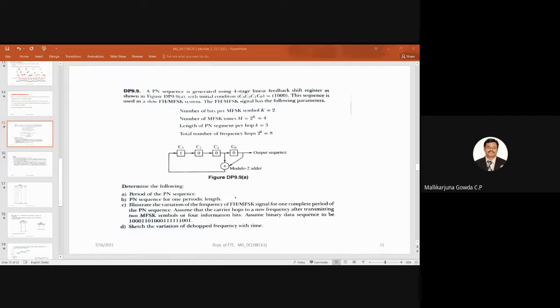Output bit will be 1. Next is 1111, four ones. Then next is 0111. Next is 0011. Next is 0001.